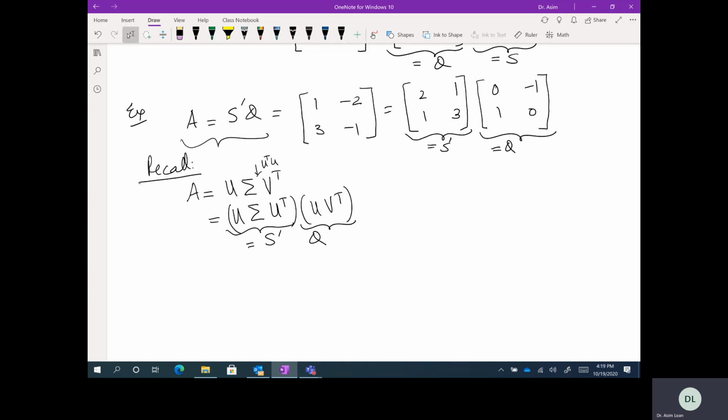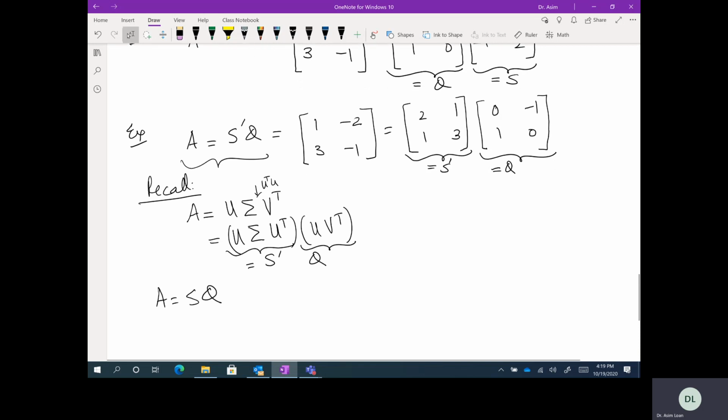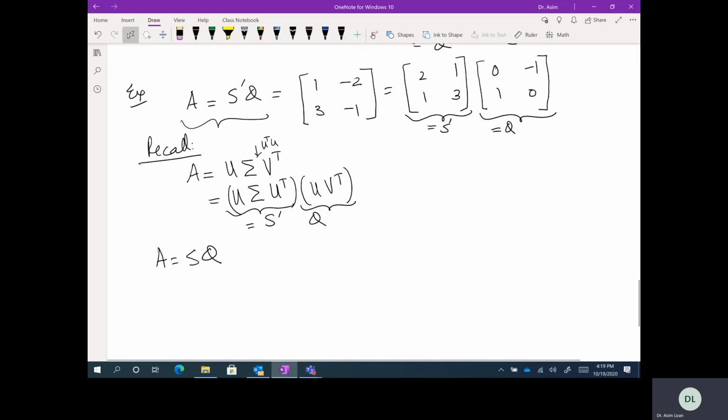Okay. So where do we have this application of polar decomposition? So A equals SQ, or A equals QS. Well, both are the same actually. Both are derived from the singular value decomposition.